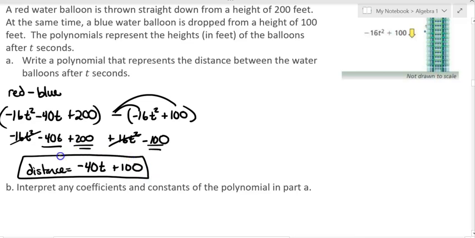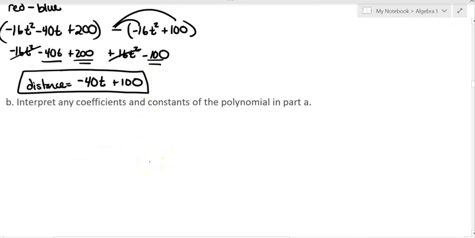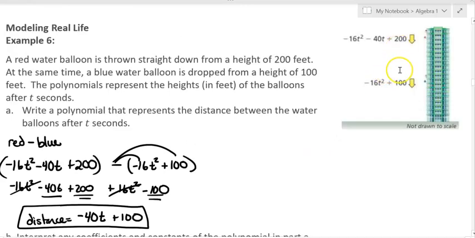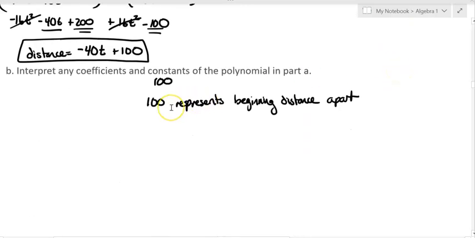All right, so the distance between the two balloons equals this equation. So real quick, it says interpret any coefficients. Okay, the constant is 100. And so 100 represents the distance they are apart when this problem begins, the beginning distance. So it started at 200, the other one at 100, they were 100 feet apart.